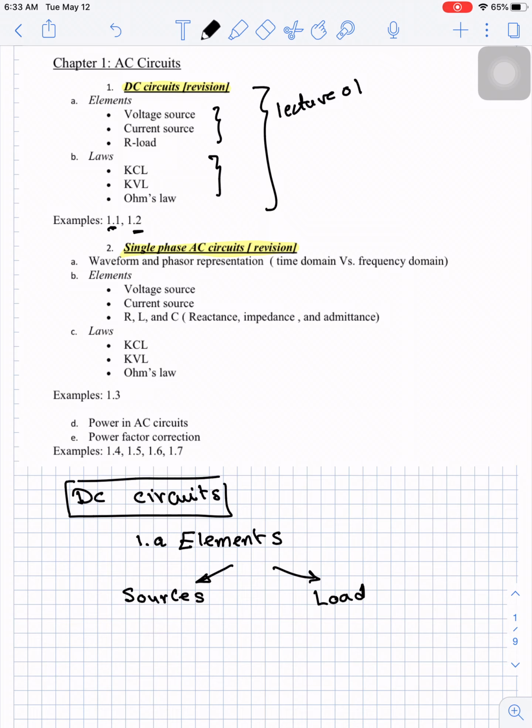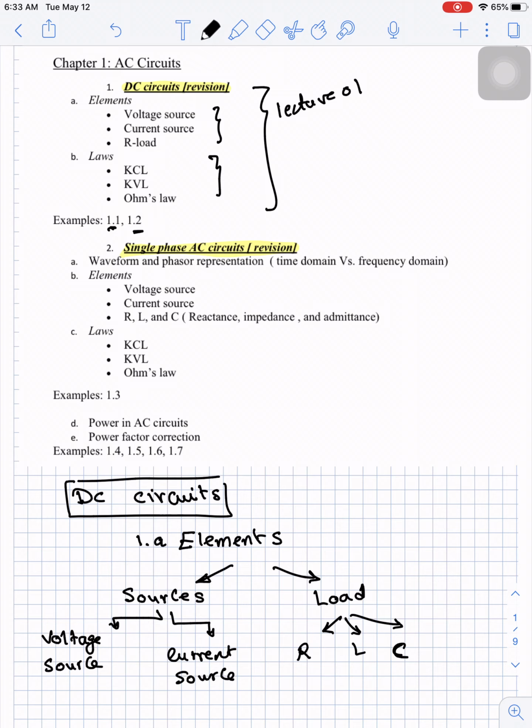A source can be a voltage source, or the source can be a current source. And the load can be a resistance, an inductance, or a capacitance.